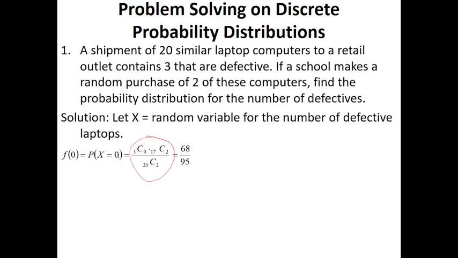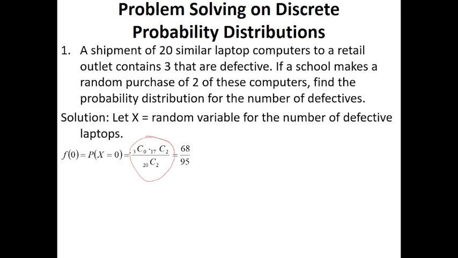So if our goal is to determine the probability that we will have zero defective laptops, we have to consider the number of laptops that are not defective, because we should get 0 defective laptops.